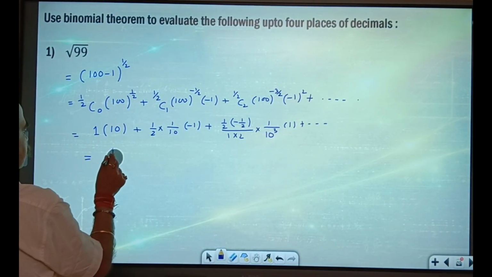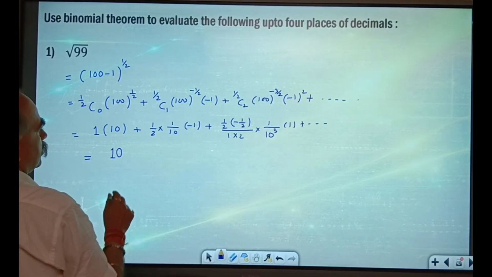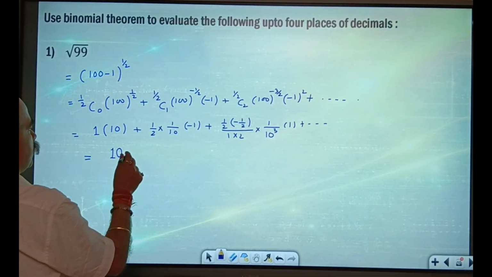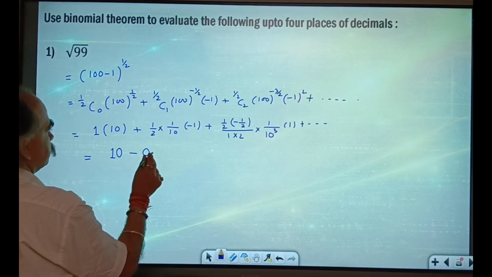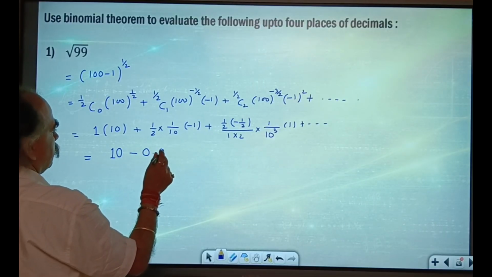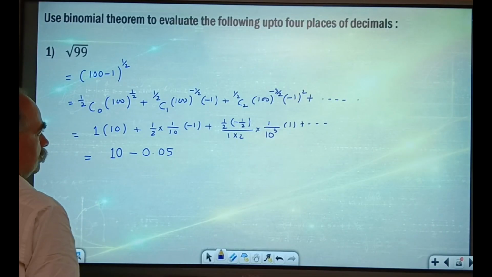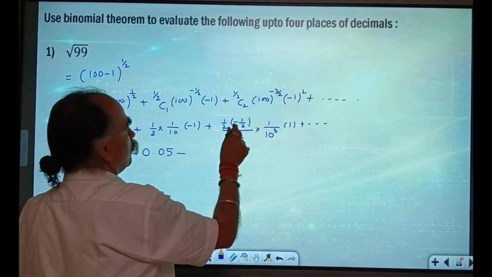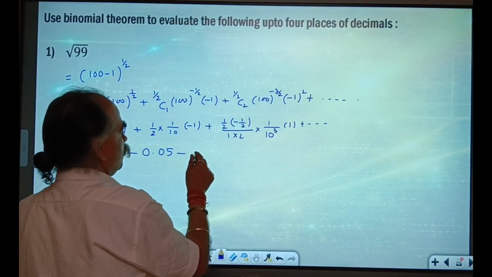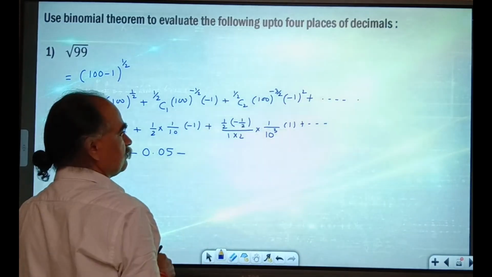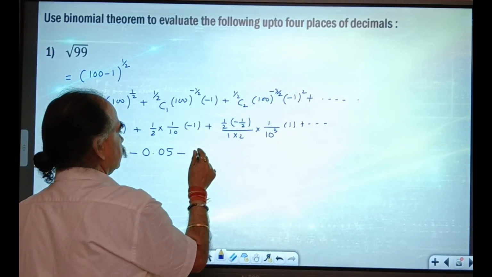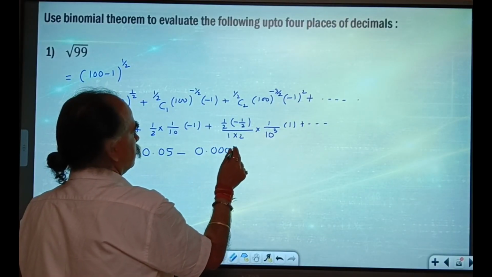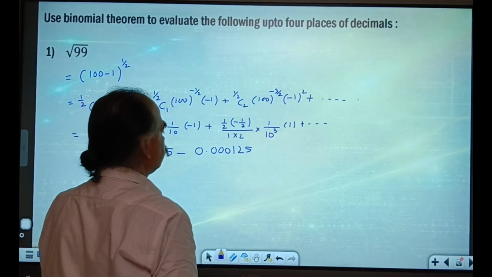This is 10. 1 by 2 is what? 0.5. 0.5 upon 10 is what? 0.05 with negative sign. This is again minus 1 by 8. 1 by 8 is what? 0.125 divided by 1000, 0.000125.